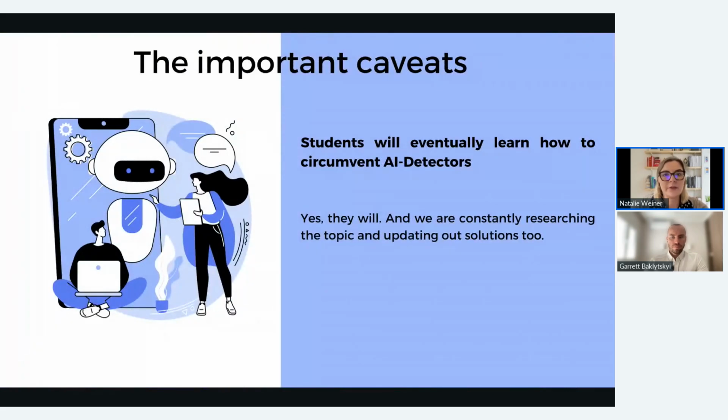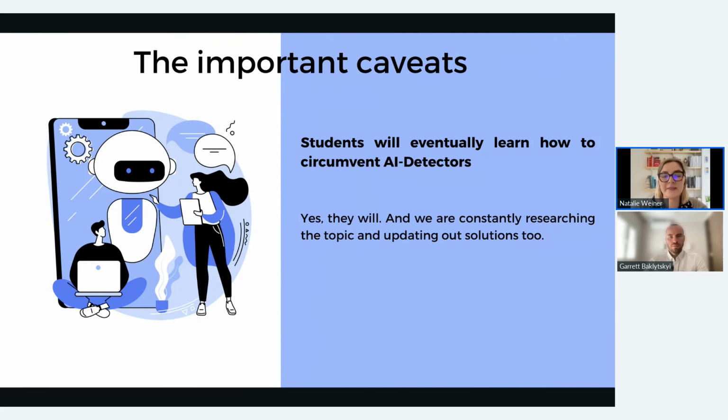Another point which is often argued is that students will eventually learn how to circumvent AI detectors, and we can claim that they have already done so because there are plenty of YouTube videos out there teaching them how to fool AI detectors. For example, they can run the ChatGPT text through a paraphrasing tool, or they can ask ChatGPT to generate text with higher perplexity.